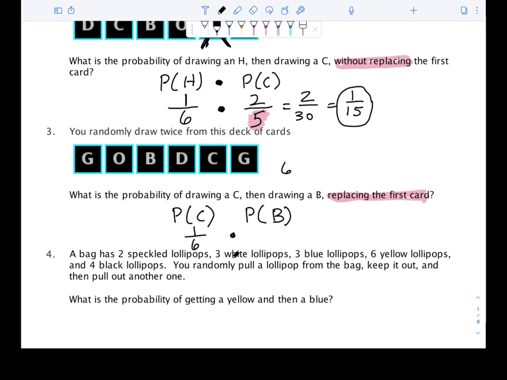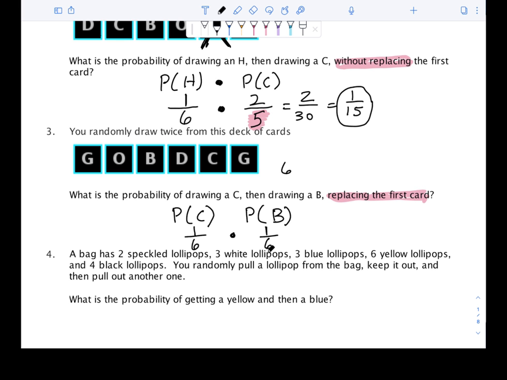Then times, now, I replaced a card. So I took that C out, but I put it back in. So when I go to try for a B, I still have 6 cards. And just like the C, I only see 1 B there.